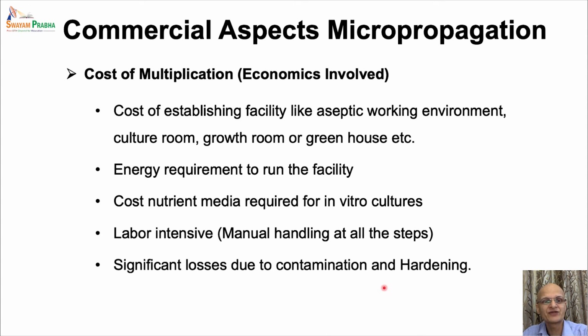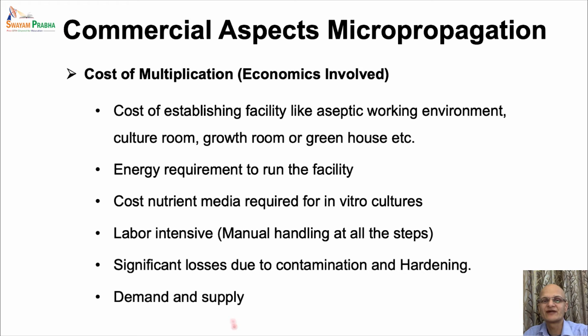Further, in vitro grown seedlings are sensitive to the natural environment and may result in loss of plantlets when these are transferred to the outer environment through the hardening process. So basically, the losses due to contamination or the losses of plantlets due to the hardening process may add significantly to the cost too.